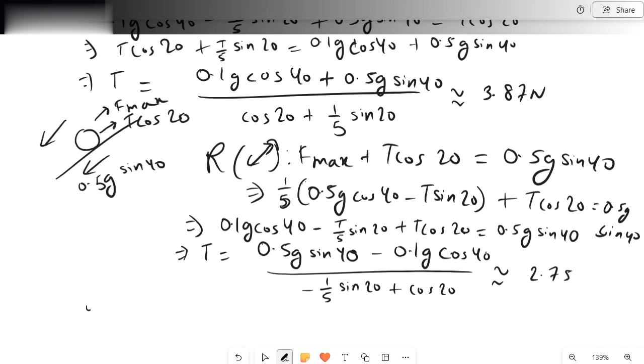So the range of t is 2.75 is less than or equal to the tension, or the value of t here is less than or equal to 3.87, because this is the maximum value and this is the minimum value of t that can be possible.